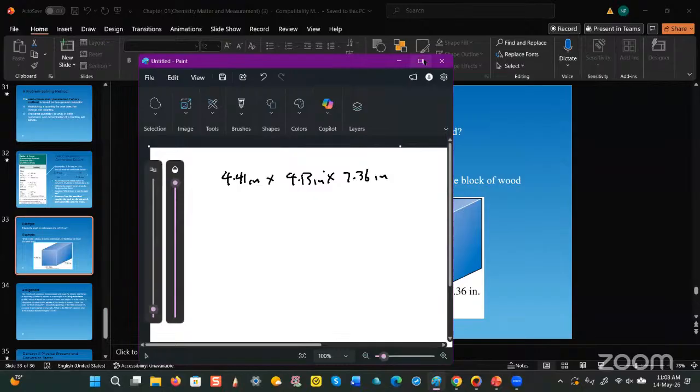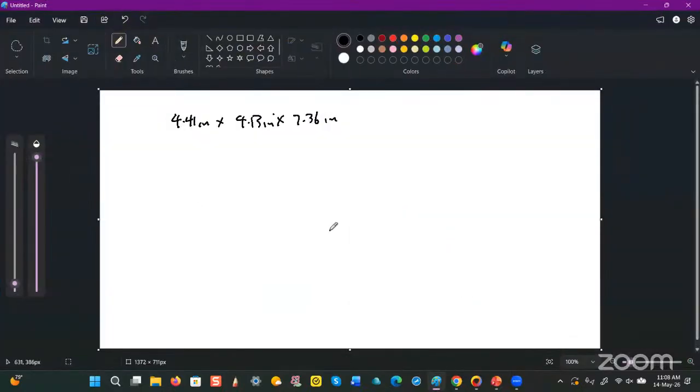centimeters cubed. Okay, so the way I would do this is I would ask myself, what's the relationship between inch and centimeters? And we know that 1 inch is equal to 2.54 centimeters, right? Now, if you want to get from inches cubed to centimeters cubed, that means you have to cube both sides, right? And what I would do is multiply this here by a conversion factor which represents that relationship.